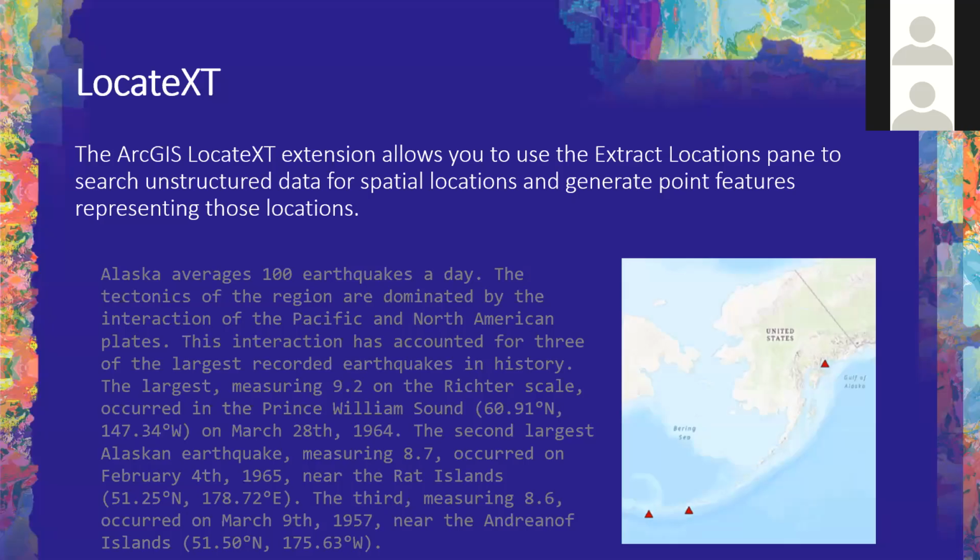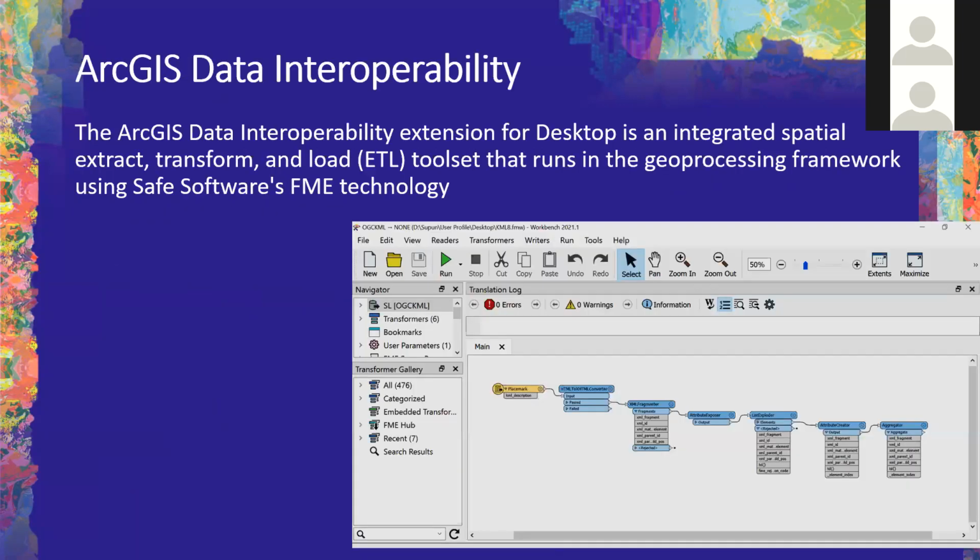Right. So we discussed different things now. We discussed some new features and we discussed a new extension. Then there's this extension, which is not a very new thing. This is ArcGIS Data Interoperability. This one again we are using for data migration purposes.